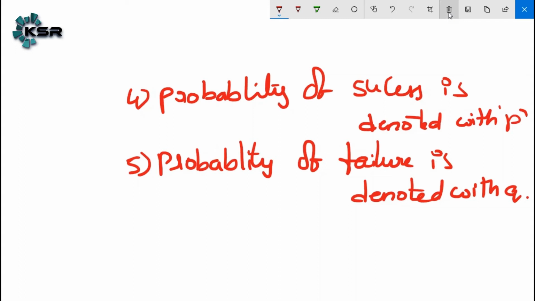That depends on you. Probability of success is ideally denoted with P, but people can denote it with A, B, C. Anything will be fine, no issue at all.